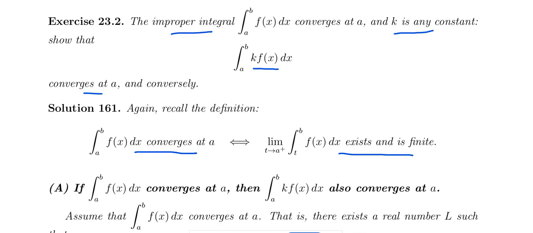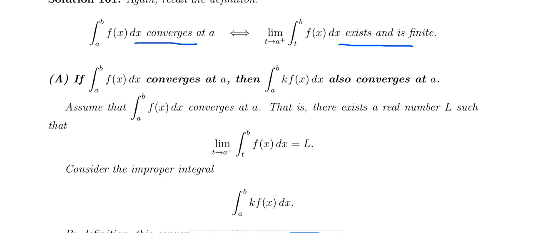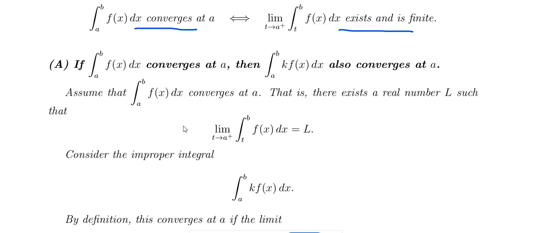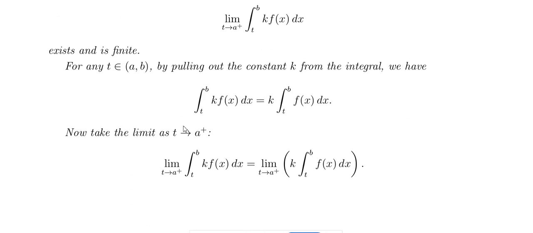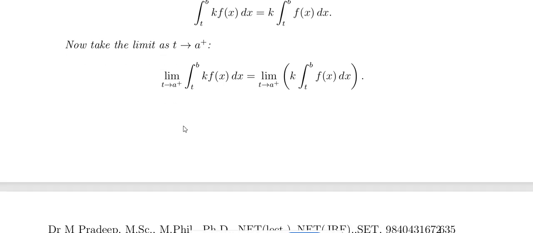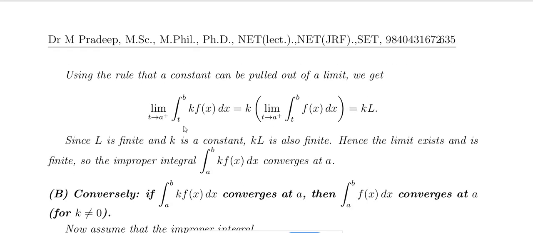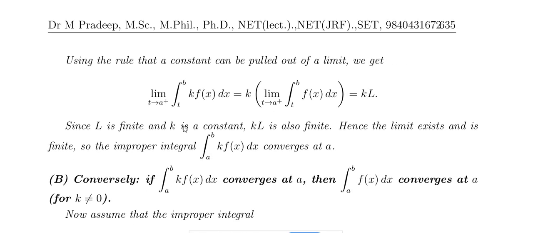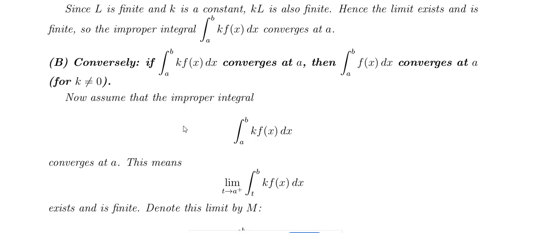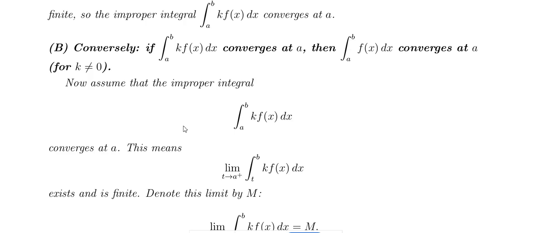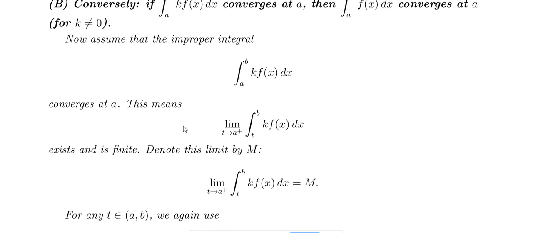OK, what we have to prove is that integral k f of x dx also converges at a. So it is a very simple proof. k times the integral t to b, and this limit becomes k times l, so the limit exists. For the converse part, if integral a to b k f of x dx exists and converges at a, then integral a to b f of x dx converges at a, for k not equal to 0.